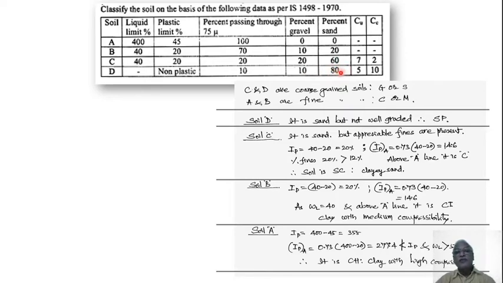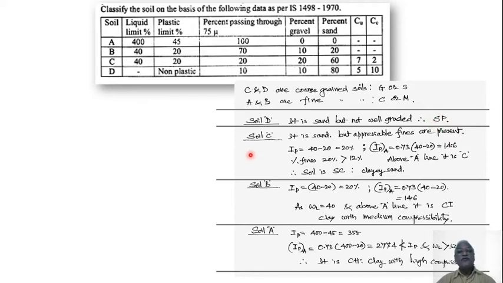Now for sand, Cu has to be greater than 6, but it is 5, and Cc is 10. Even this is not satisfying the range of 1 to 3. So though it is a sand, it is not satisfying these two conditions. Because of that, it will be poorly graded. So soil D is sand but not well graded. Therefore it is poorly graded sand. That's why the classification symbol becomes SP.